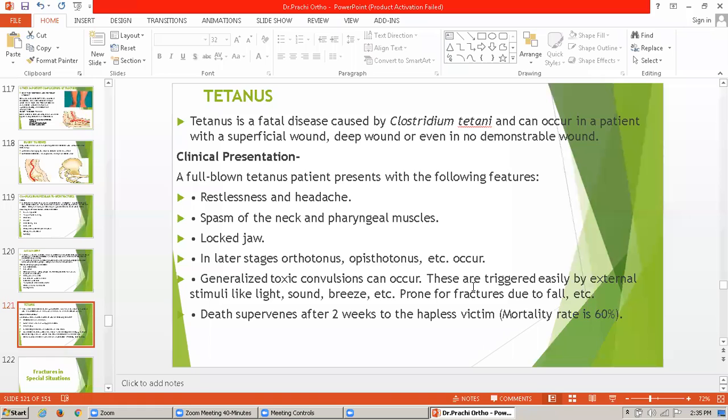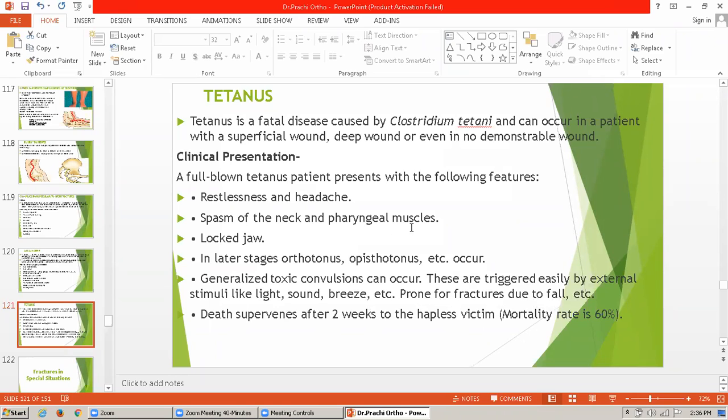These are triggered easily by external stimuli like light, sound, breeze, etc., and the patient is prone to fractures due to the fall. They supervene after 2 weeks in the helpless victim, and the mortality rate is 60%.